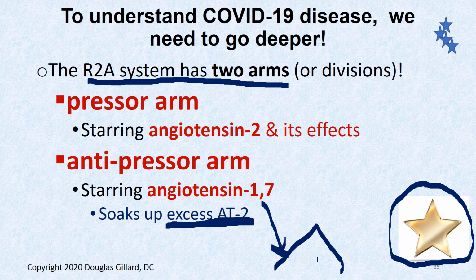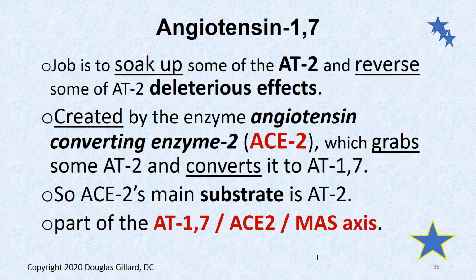So it relaxes the tunica media and vasodilates instead of vasoconstricts. It turns off the proliferation effect that angiotensin II has in the heart and in the lungs. It basically does the opposite of angiotensin II.